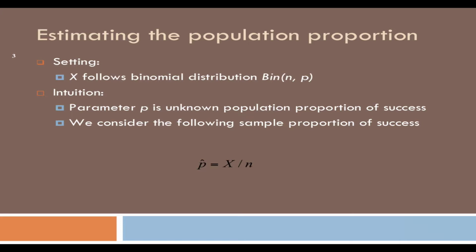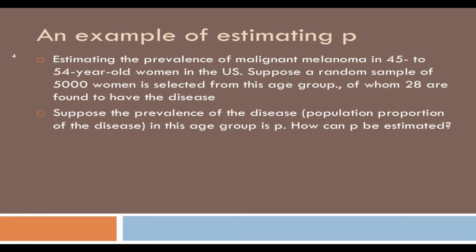So the setup for this one is, suppose this population represents the number of successes in independent trials. I think I have an example right here. Suppose you want to estimate the prevalence of melanoma in this age interval of women in the US. So essentially, you want to estimate the prevalence of a disease or of a certain event.